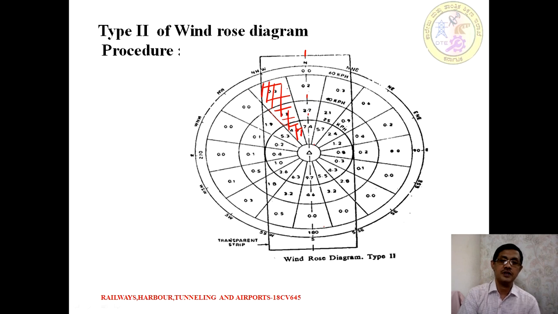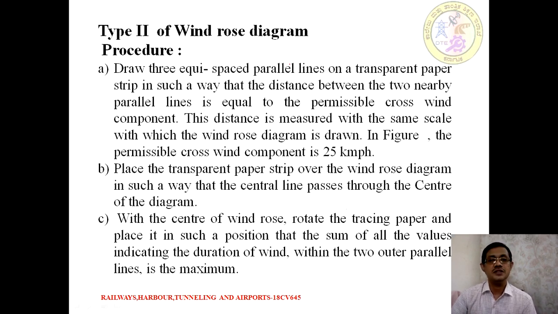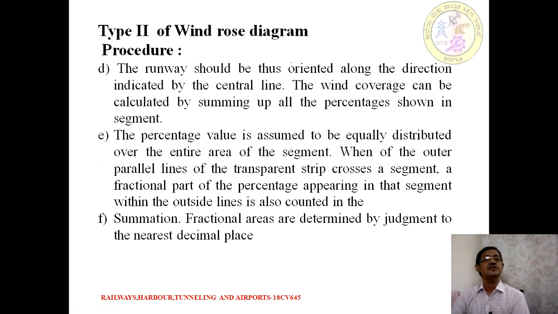Count the number of squares completely covered, then convert it according to the scale, and we get the total percentage or intensity of wind blowing over each sector. This is how the procedure is done in the case of Windrose diagram 2.